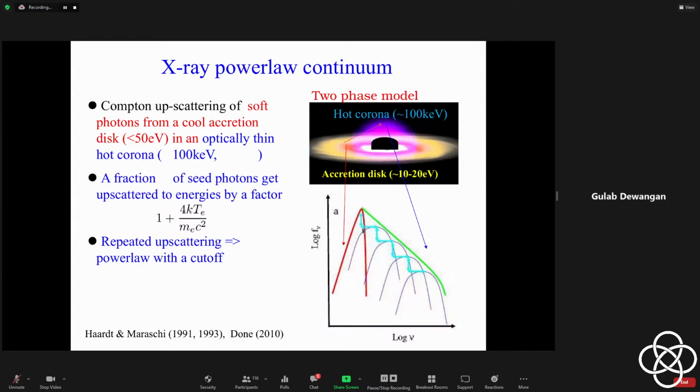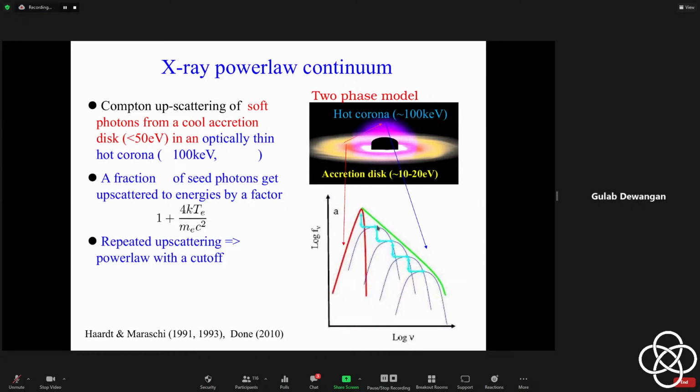The amplitude will go down, and that fraction is upscattered to higher energies by a factor given by 1 plus 4 kTe divided by m_e c squared. This comes from the physics of Compton scattering. In one scattering step, a fraction tau of this accretion disk black body is scattered to higher energy. So this component's amplitude reduces and then it moves to higher energy.